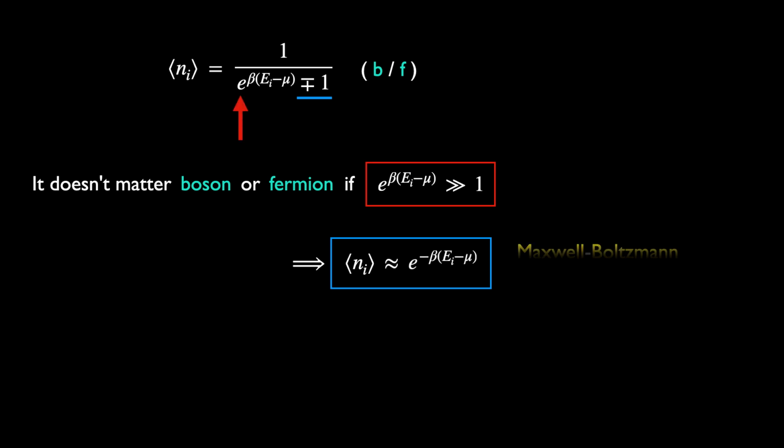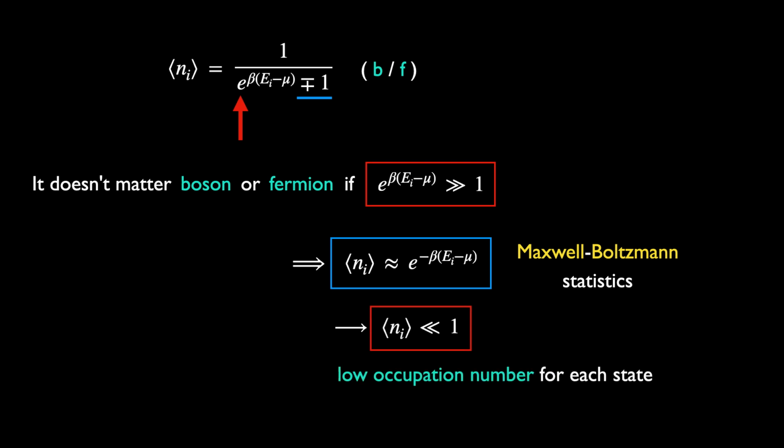This is the Maxwell-Boltzmann statistics. The condition above implies that the average occupation number for any state is very small. This is why it doesn't matter if we have bosons or fermions, the Pauli exclusion principle is simply not tested.